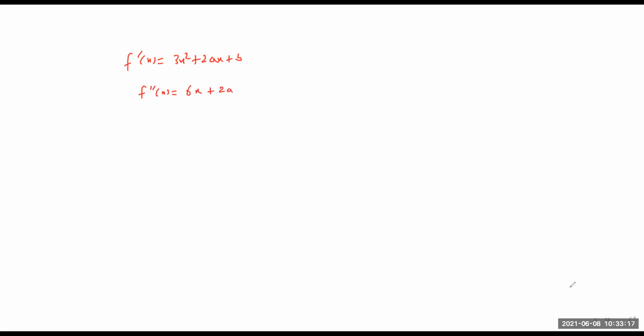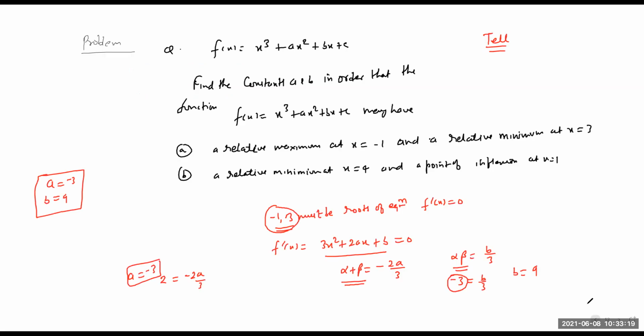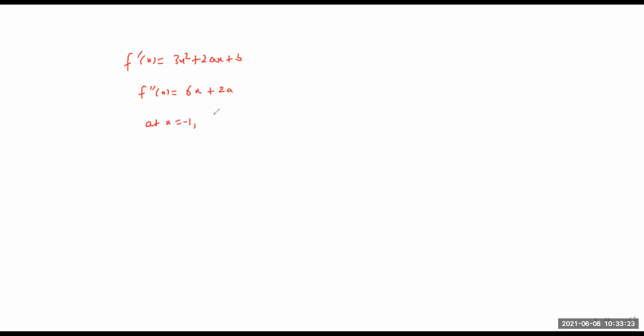The question says that at minus 1 we have maxima. So at x equals minus 1, the second derivative must be negative because that's called maxima. Let's substitute: 6 into minus 1 plus 2a should be less than 0. So 2a should be less than 6, a should be less than 3.